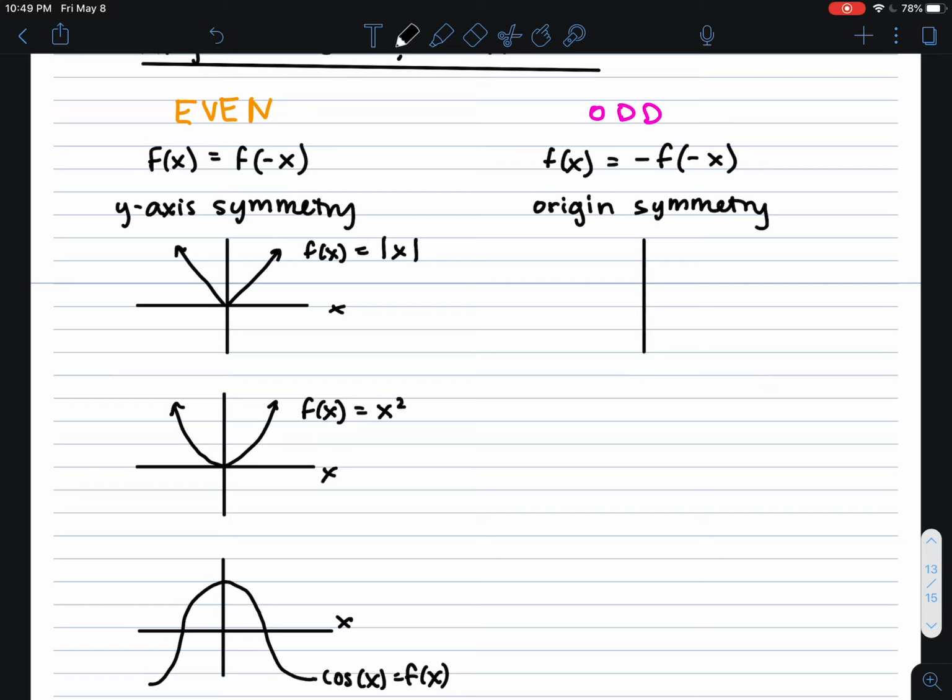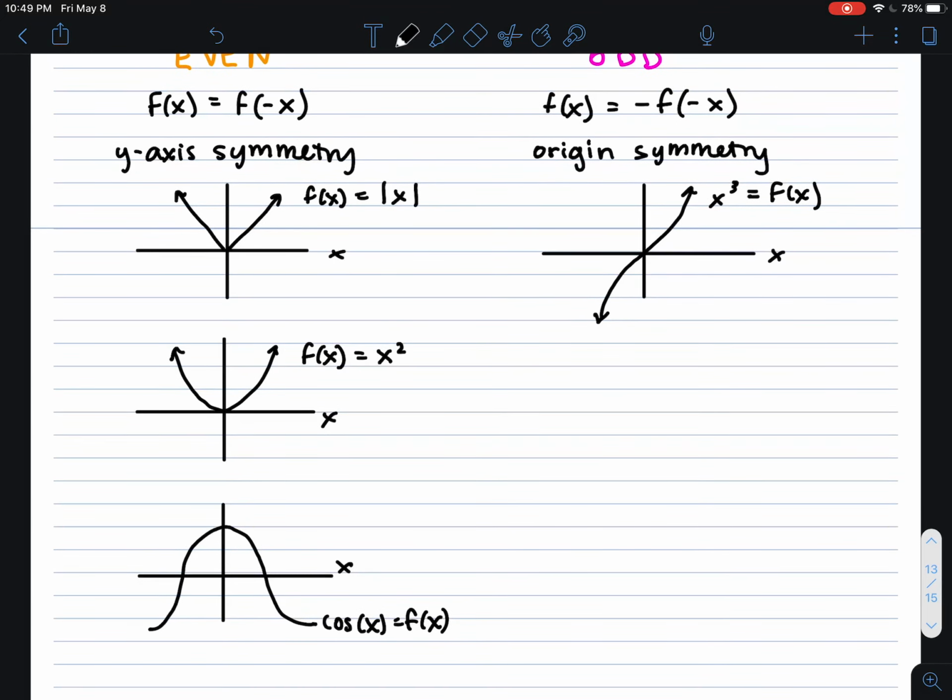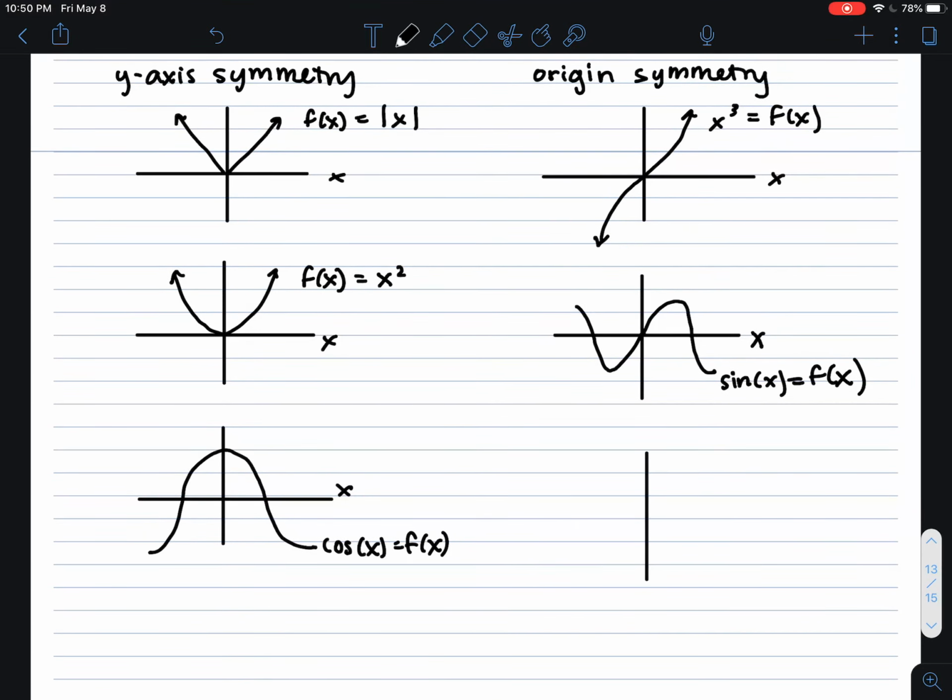Some examples are x cubed and sine of x, which looks like this. Technically just the line x is odd.